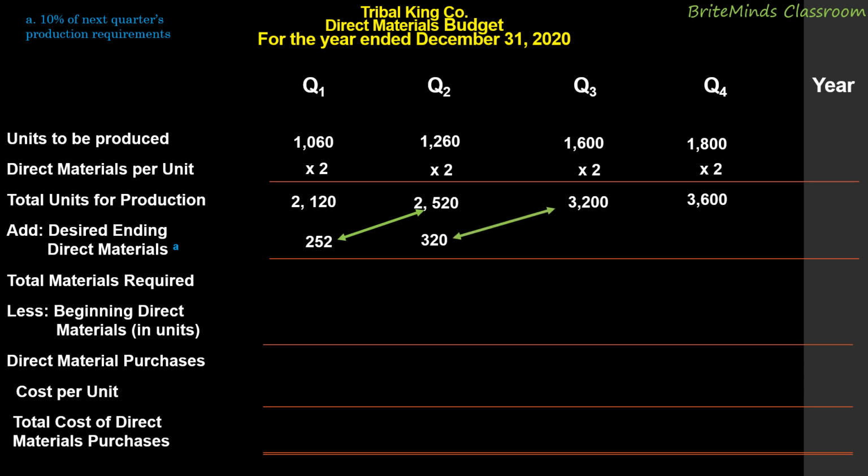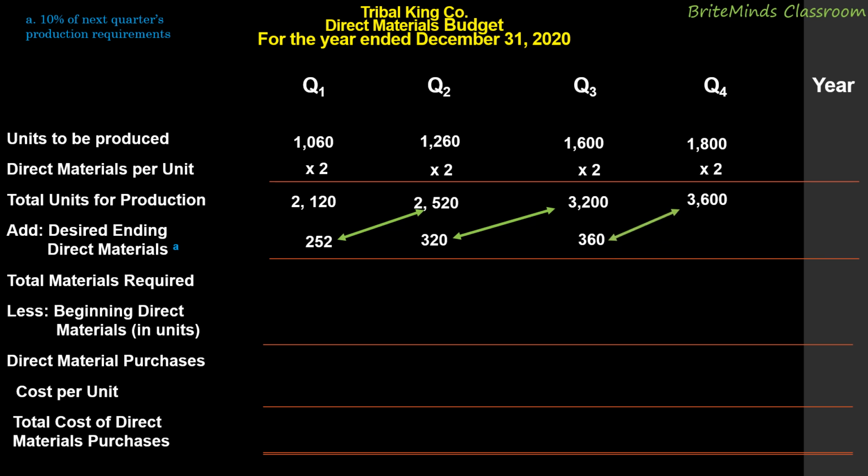And then for the third quarter, we will use the next production requirements of the fourth quarter, which is 3,600. So we will take 10% of it, which is 360 units as our desired ending direct materials for the third quarter.